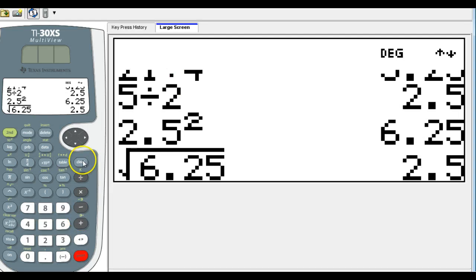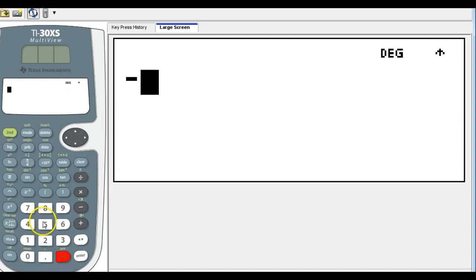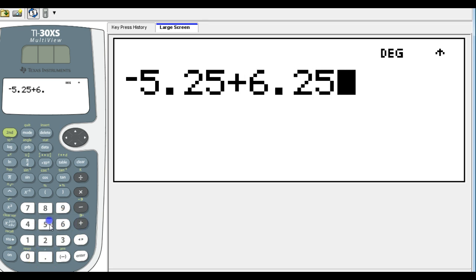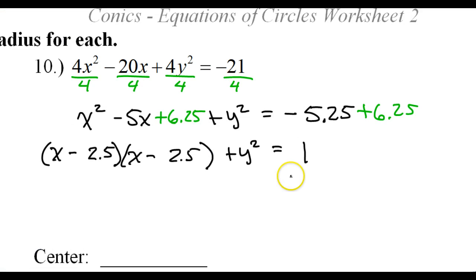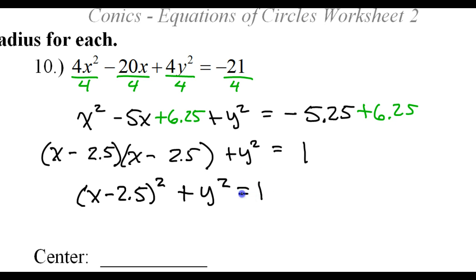So that's looking not too bad. So then I can write x minus 2.5 squared plus y squared is equal to 1.